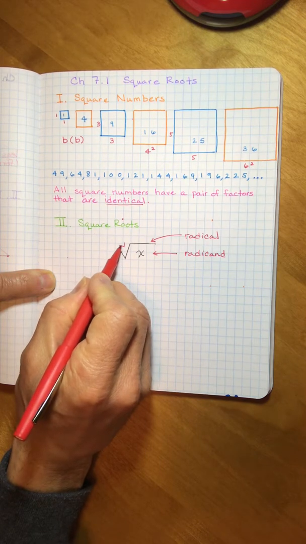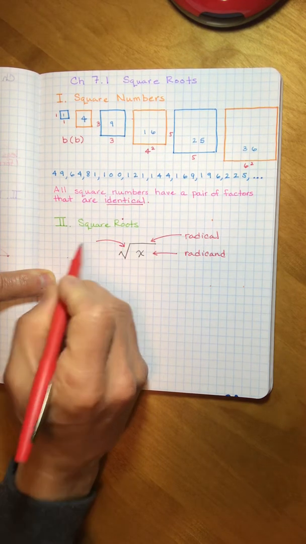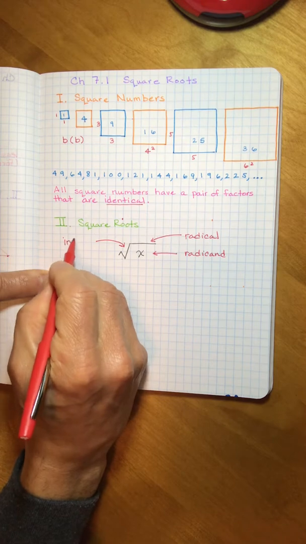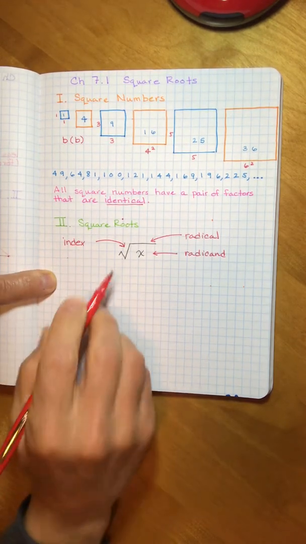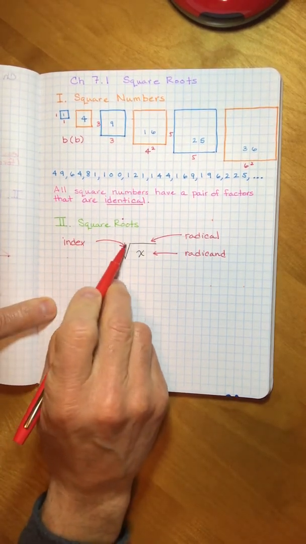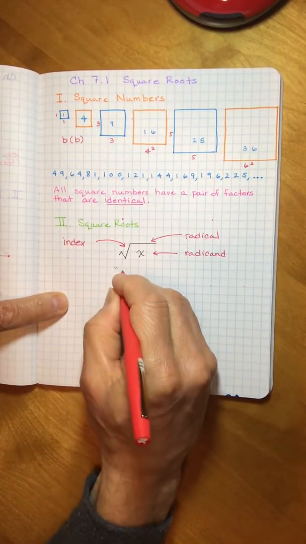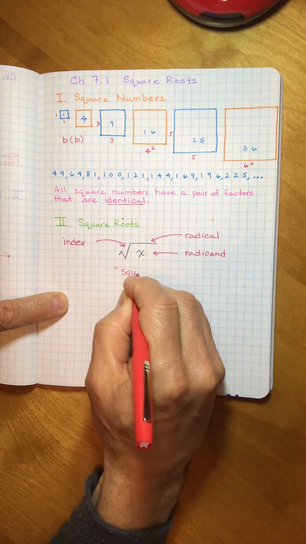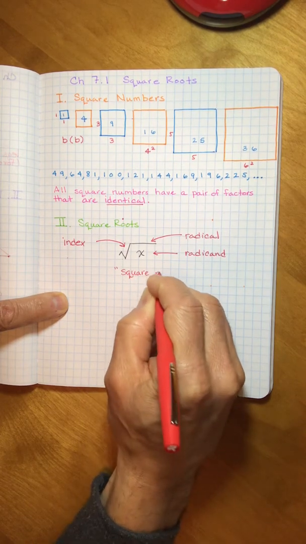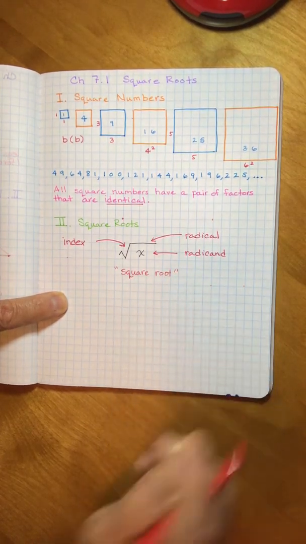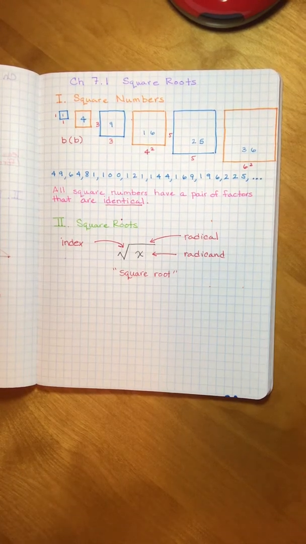This little v of the radical, that's called the index. And when this index is blank, if you don't see a little number here, that means we're talking about a square root. So what is the square root of the number given?